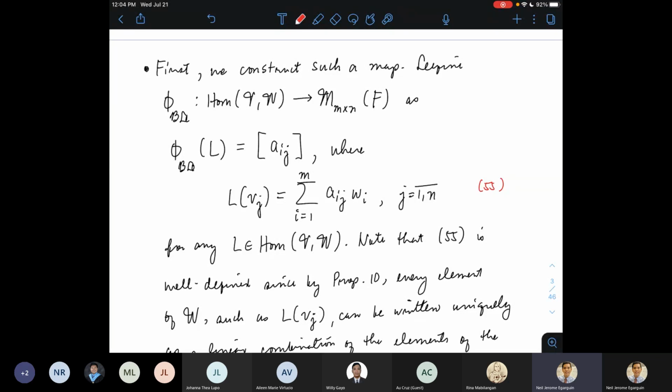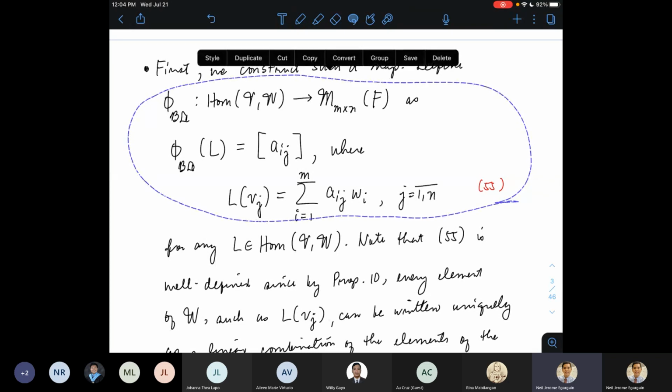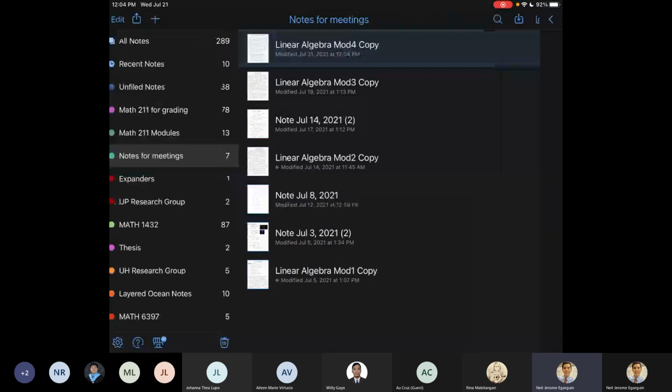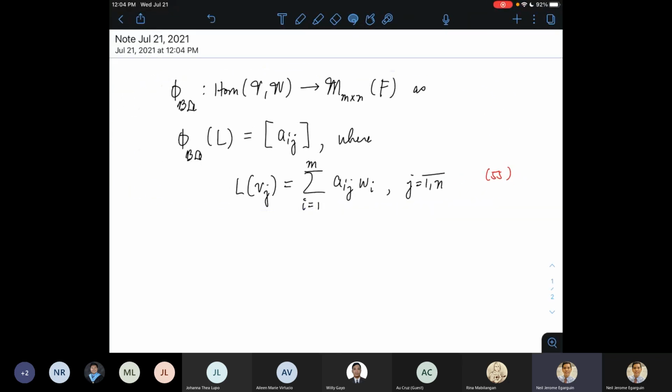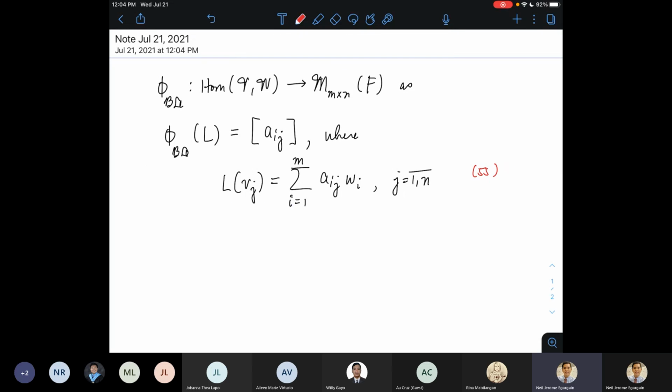Maybe let's give the proof a shot here. Okay. Let me just copy this just to complete everything. Okay. Now, what we want to do here is to show that phi BD is a linear transformation, right?